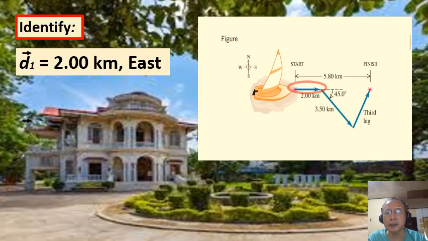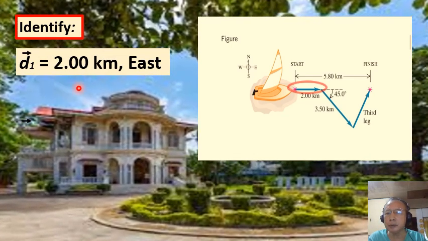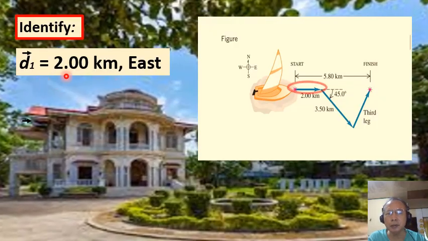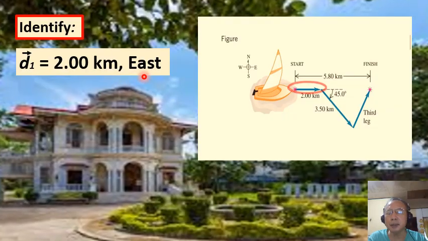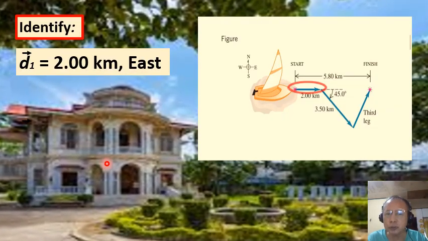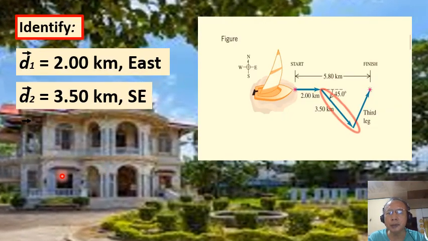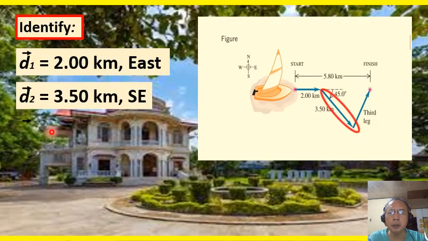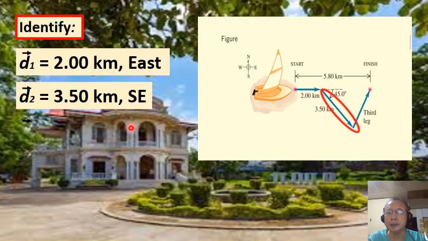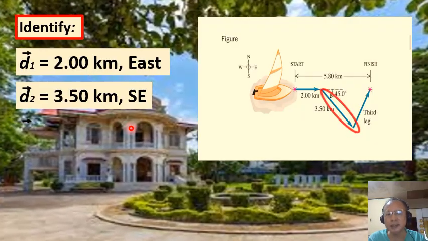We are given the displacement d1 of the first leg, which is equal to 2.00 kilometers east. Also, the displacement of the second leg is 3.50 kilometers directed southeast.